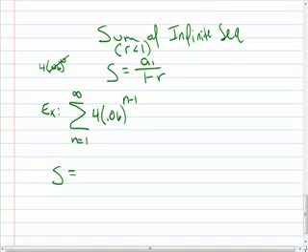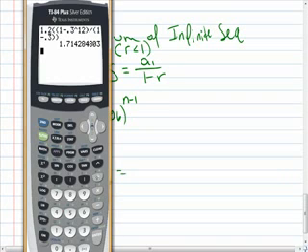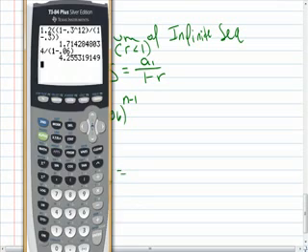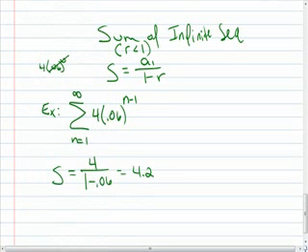Anything to the 0 is 1. 4 times 1 is 4. So the first term is 4 over 1 minus 0.06. 4 divided by parentheses 1 minus 0.06 parentheses. 4.25, what was it? Four point two five.